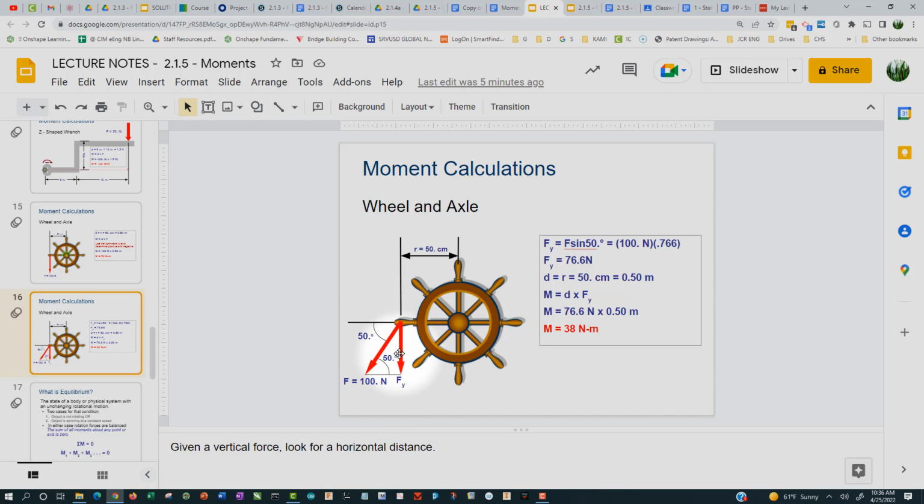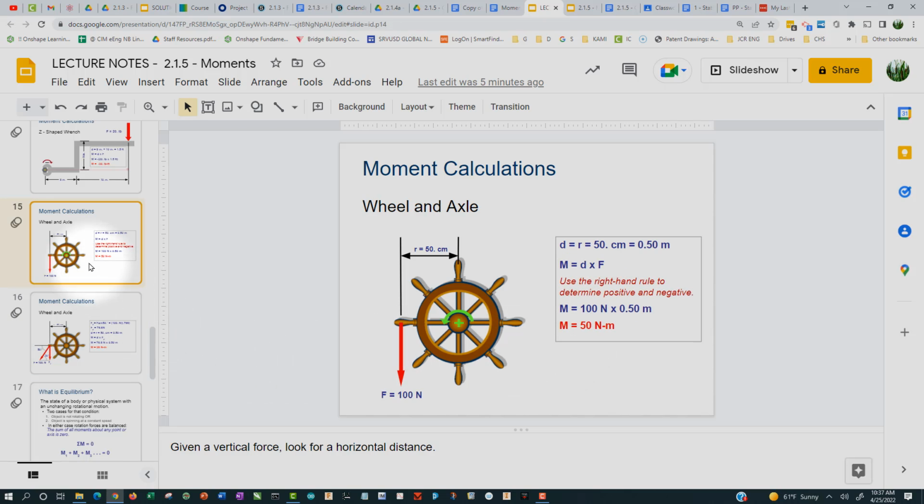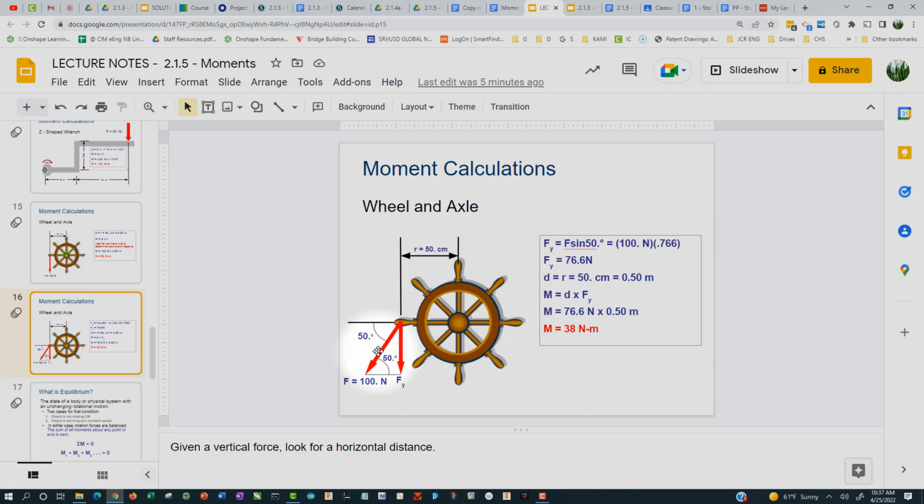So you really need to be comfortable making that trig calculation or conversion, and once you work through it, which I want you to do, you'll see that the moment is only 38 Newton meters, whereas before going straight down, we got 50. So the more we pull away from the direction that's perpendicular to the moment arm, the less torque we get. That's hopefully intuitive from what you've seen before.